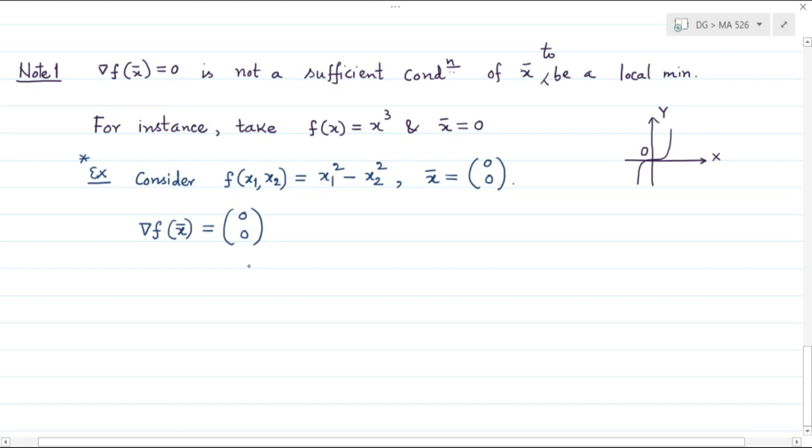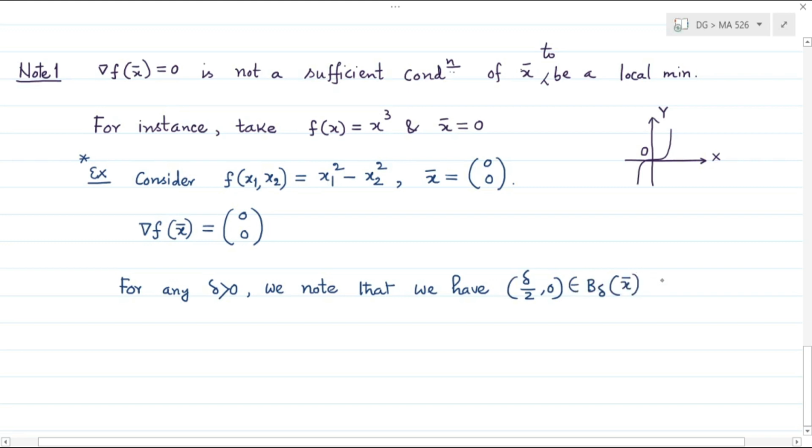And what about the point x bar? Is it a local minimizer? It is not really a local minimizer. Why is it not a local minimizer? We can mathematically refute it. Consider any neighborhood, for any delta greater than 0. In the delta neighborhood of the point x bar, we have the point (delta by 2, 0) belonging to the delta neighborhood of the point 0.